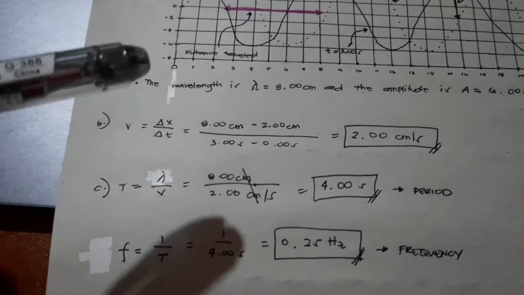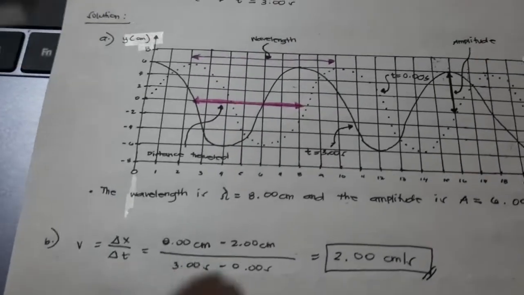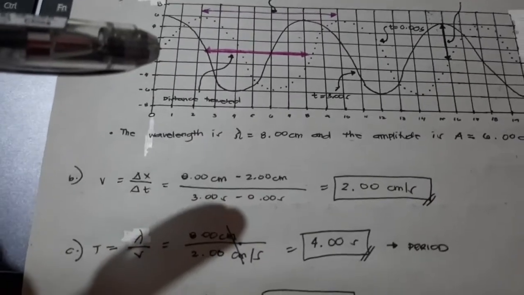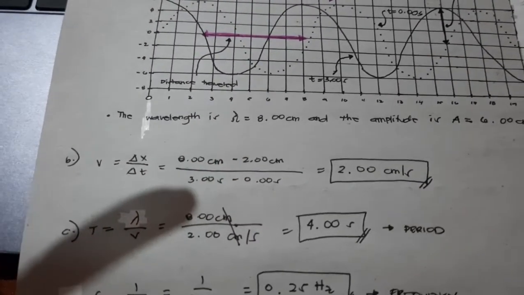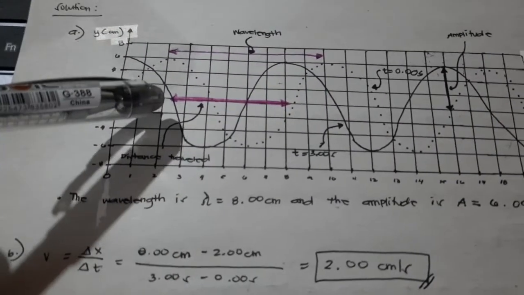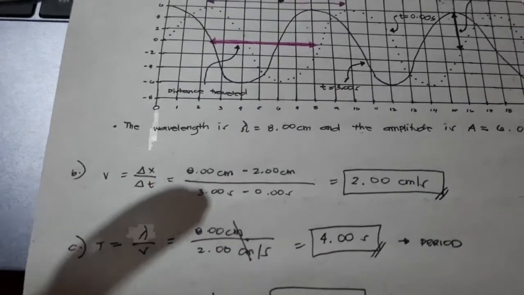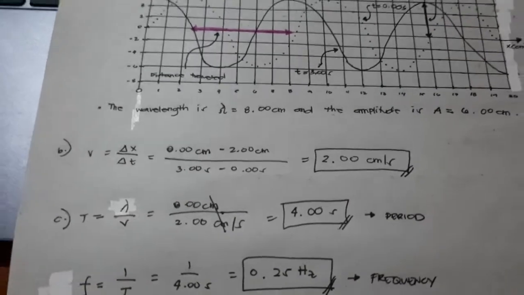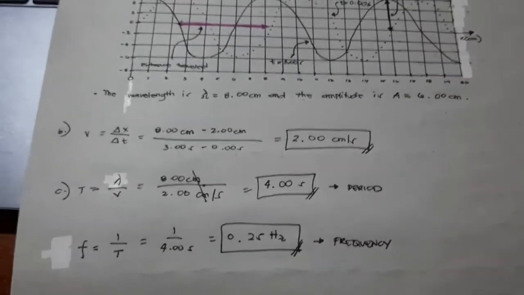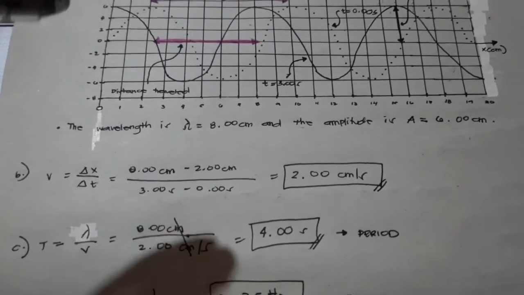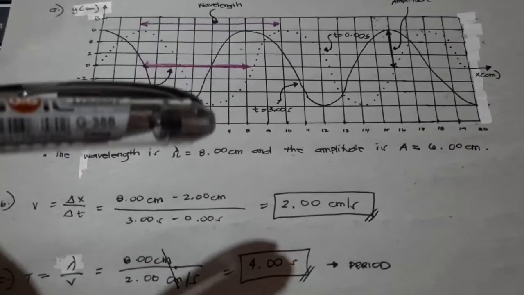Consider the red arrow, which shows the distance the crest has moved in 3 seconds. The distance is 8 cm minus 2 cm, which is 6 cm.